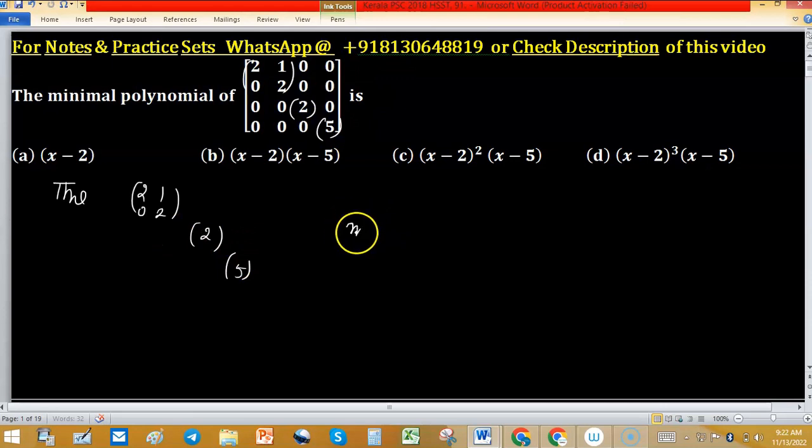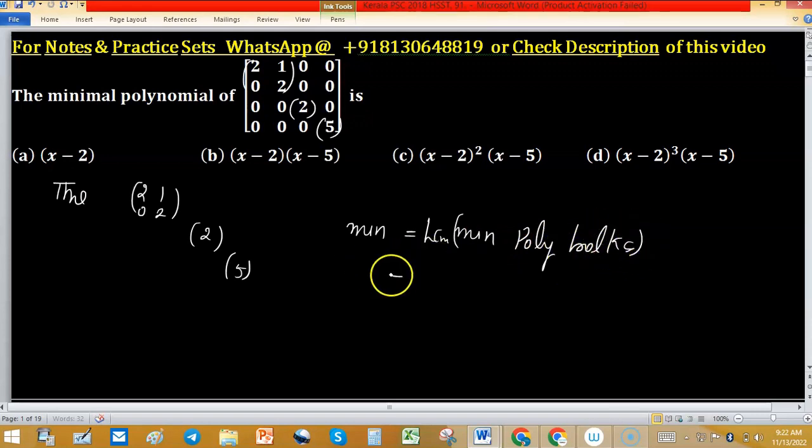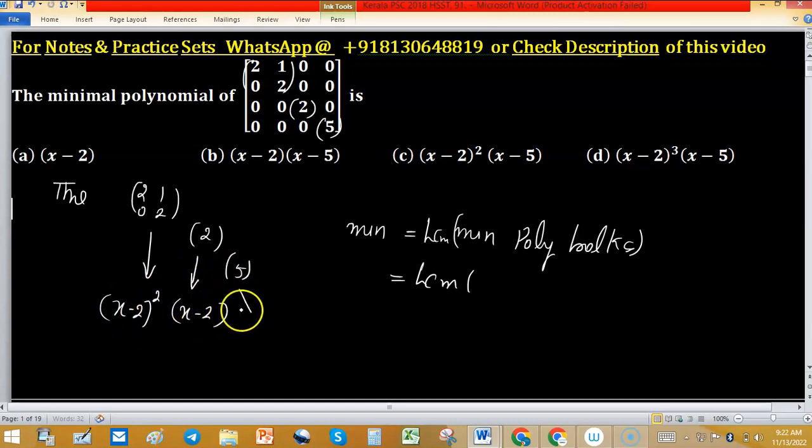So the minimal polynomial of this matrix is equal to the LCM of the minimal polynomials of the blocks. So for the first block 2 0 1 2, the minimal polynomial is x minus 2 whole square. The minimal polynomial of the second block is x minus 2, and of the third is x minus 5.